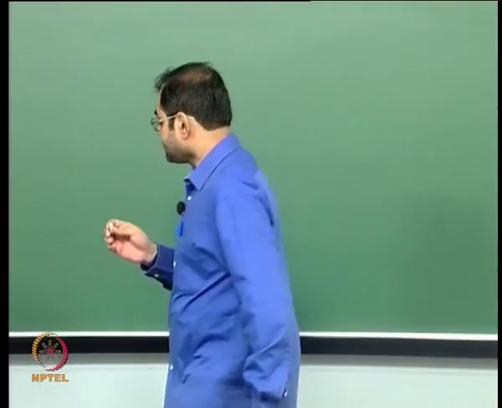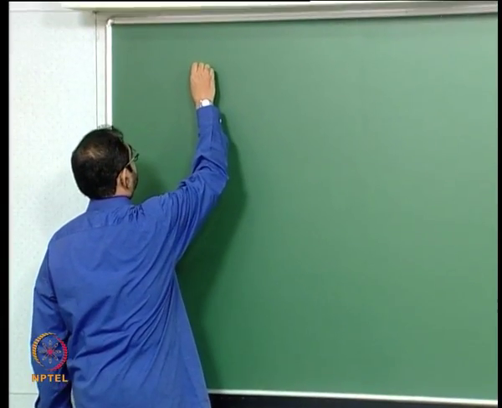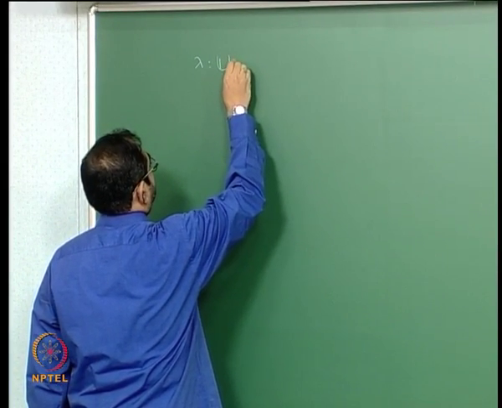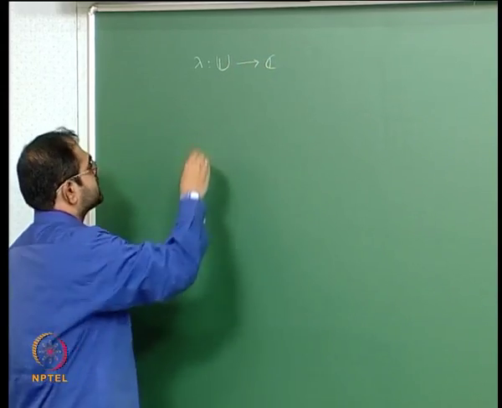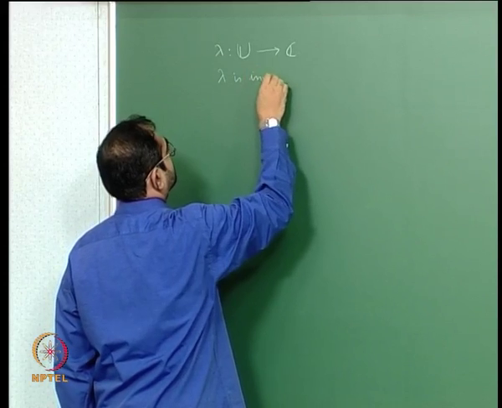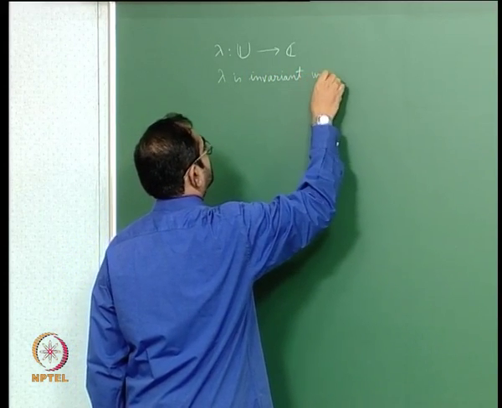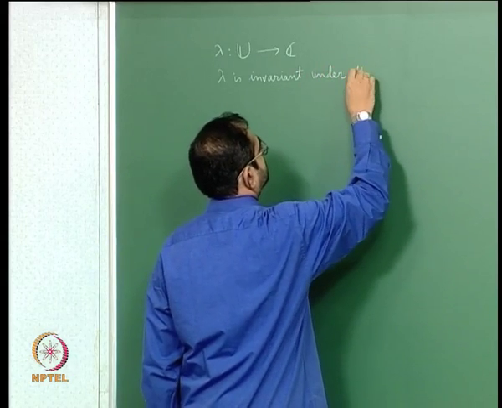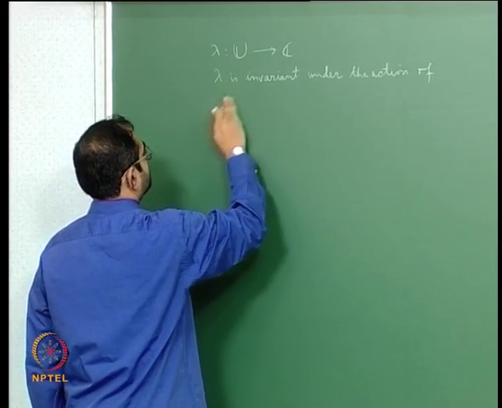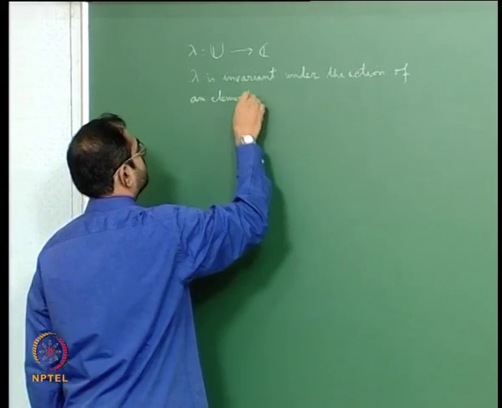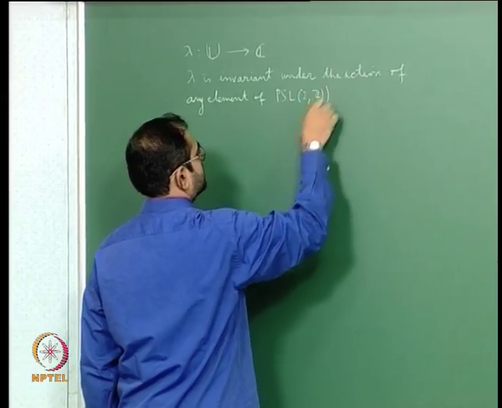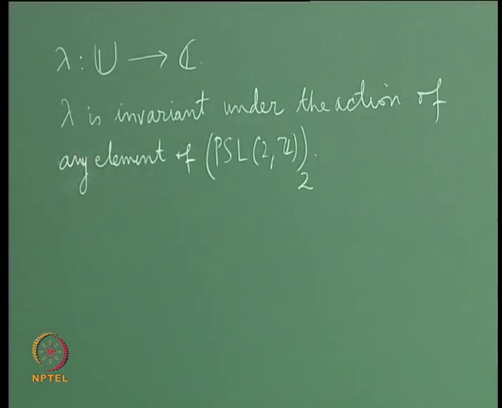In particular, we have lambda from the upper half plane with values in C. This lambda is invariant under the action of any element of PSL 2Z subscript 2. This is the congruence mod 2 subgroup.